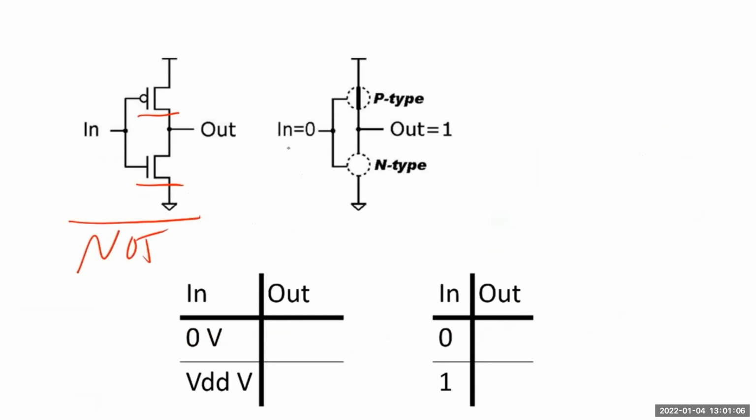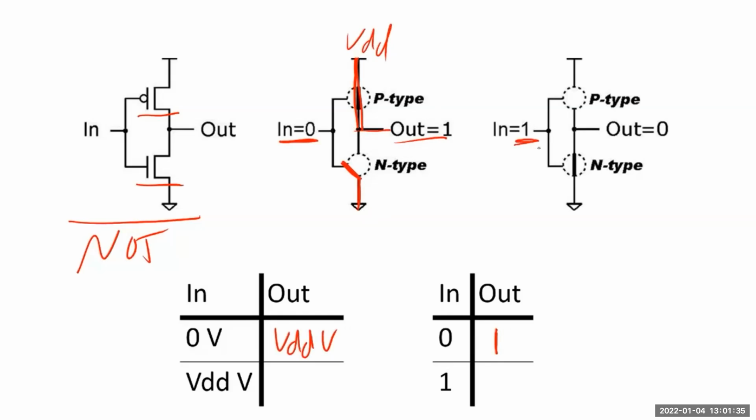If we have an input of 0, our P-type is going to become a short and directly connect the output to VDD. So when our input is 0 volts, our output is going to have VDD volts, which is a logical 1. On the other hand, this N-type is going to be open, so there's no connection between our output and ground.